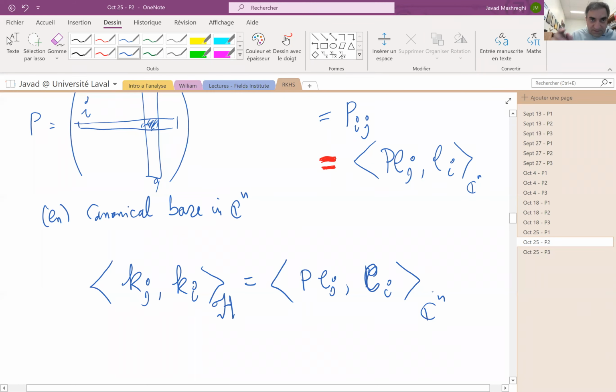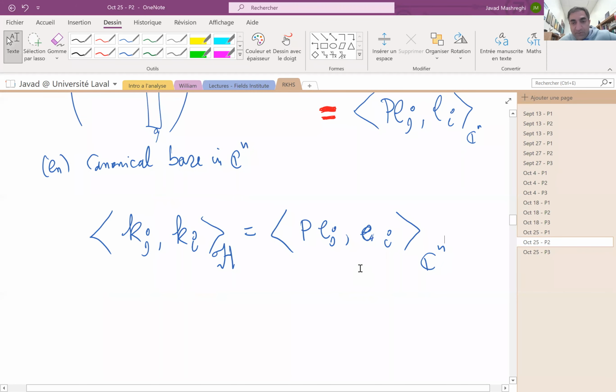It's not finalized yet, but that's a good start. We need to have something symmetric on the right side. Just having P Ej and Ei is not symmetric.